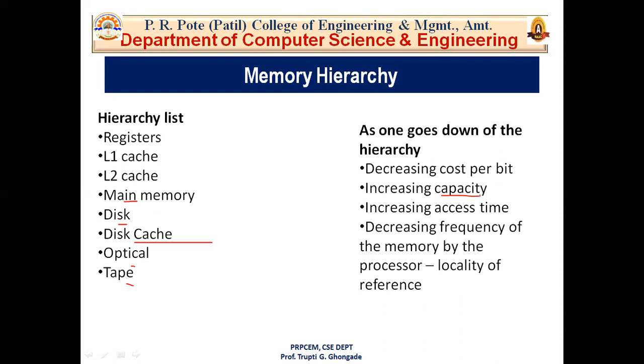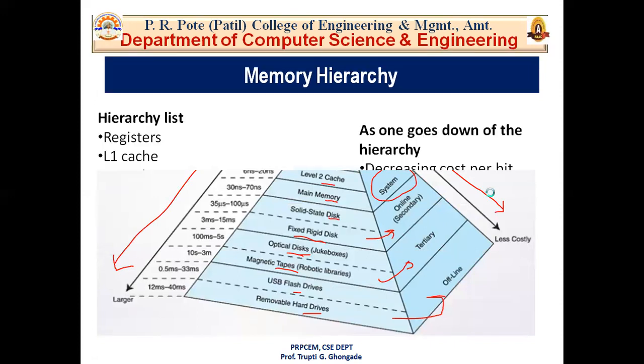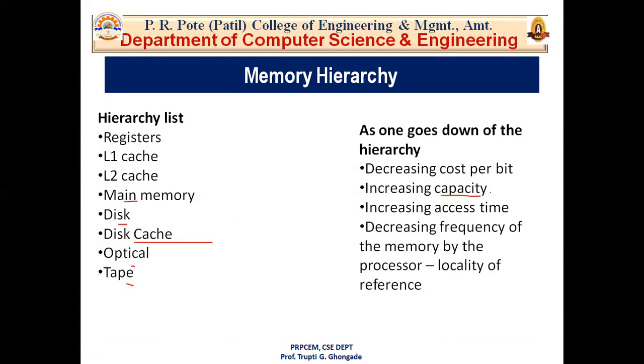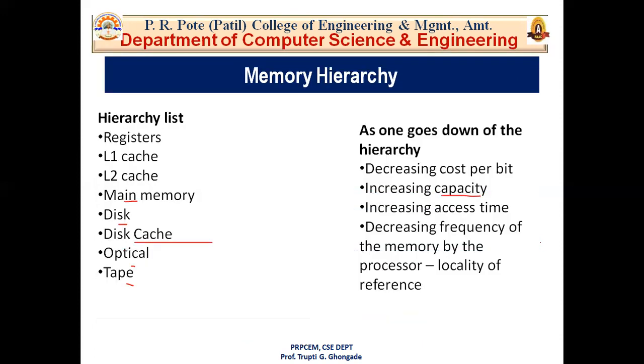So as we go down in the hierarchy, your cost reduces, but your capacity increases. It also increases the access time, which we have discussed before. As we go down, your access time increases, capacity increases, but only your cost decreases.